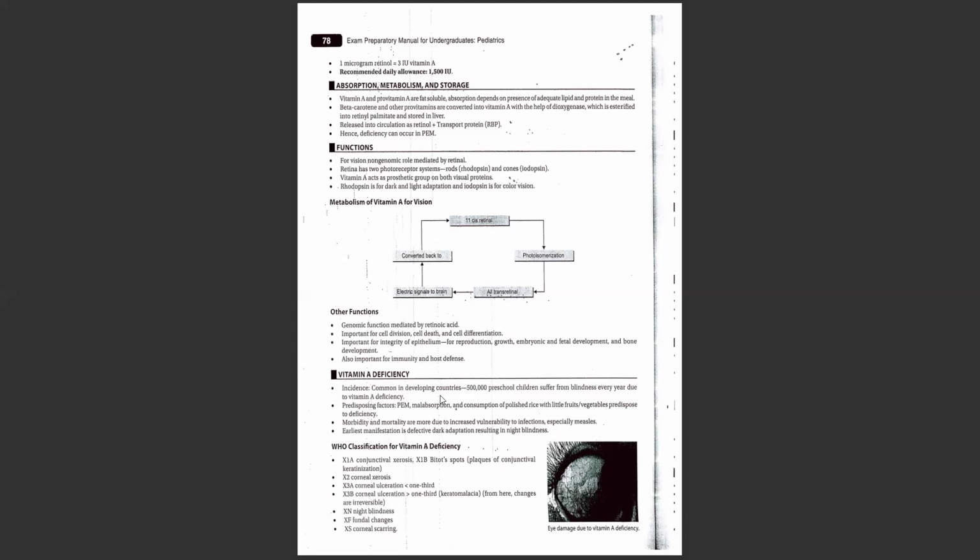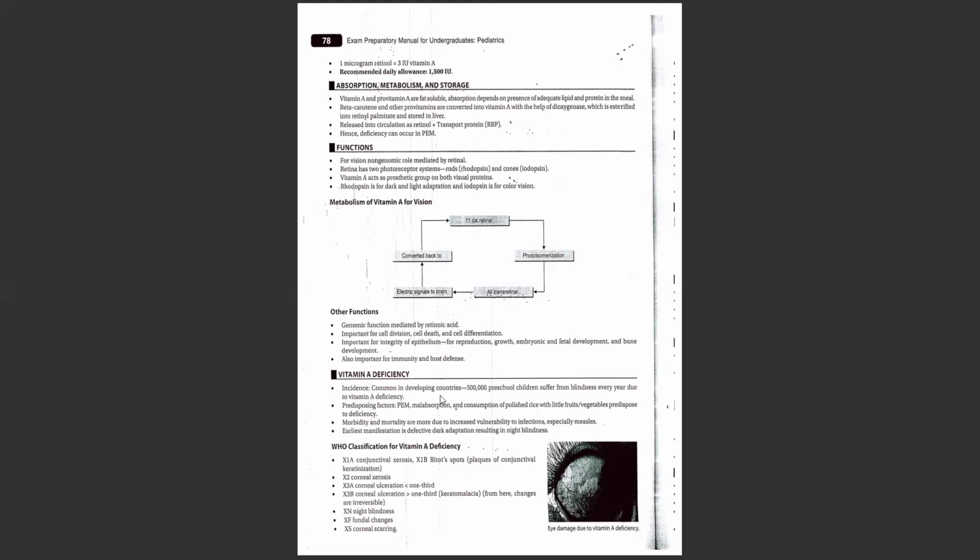So these are the major functions of vitamin A: retinal in vision, and the genomic functions. Vitamin A deficiency leads to impairment of all these functions.